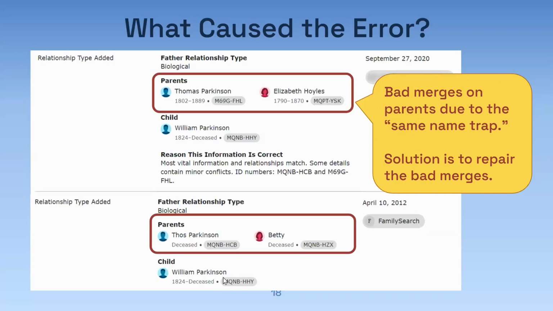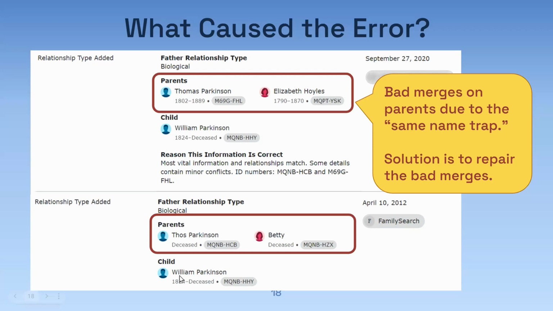Well, the first thing is, remember when we said that we want to know what caused the error so we know how to fix it. When we went into the change log, we discovered that the problem was, and we alluded to this just a minute ago, that the two sets of parents with the same name had been merged, but they weren't the same people.